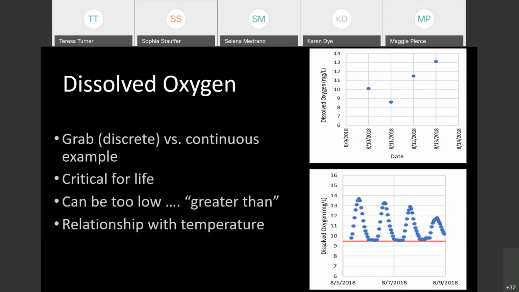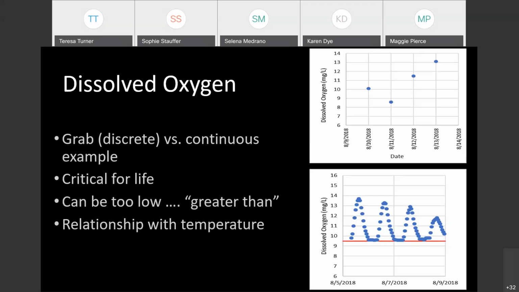And if you're not familiar with this concept, we'll talk about it a little bit more, hopefully illustrate a little bit on this slide. Dissolved oxygen is a constituent that is critical for life. It's one of those parameters where it can get too low, so it's oftentimes established as a greater than or a minimum criteria. It has a relationship with temperature. In the upper right-hand corner, we have a figure illustrating some grab data. It looks like it's about daily for dissolved oxygen.